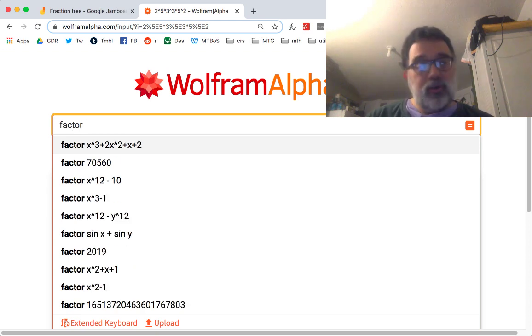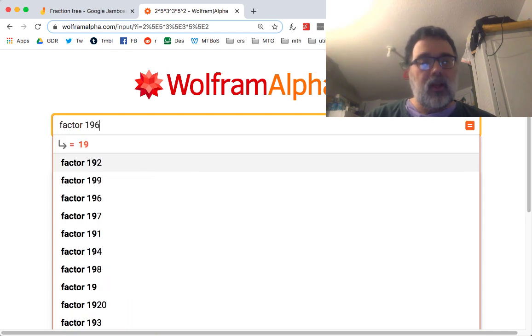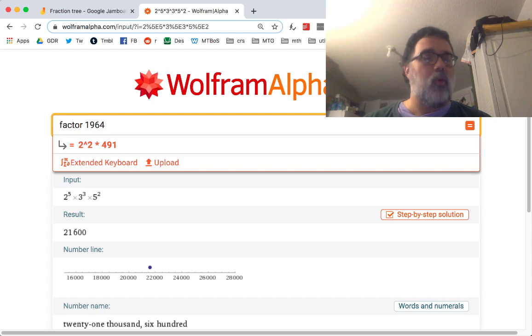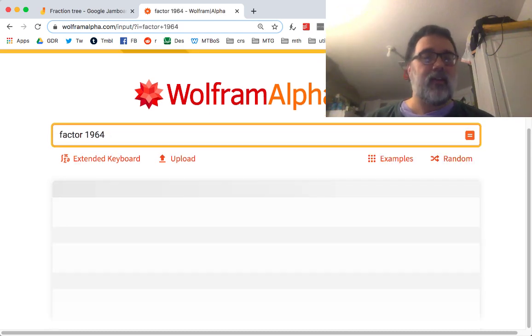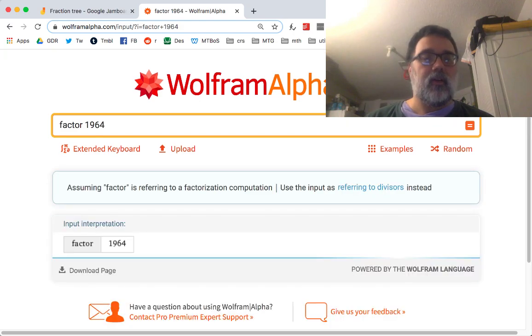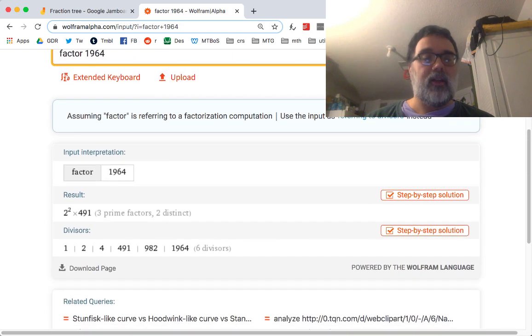The existence of tools like this is a lot of the reason why we want to focus more on reasoning. So you can see if I put in factor 1964, I get 2 times 2 times 491. It doesn't break down any further than that. So if I hit enter, you'll see it computing. And it gives you that: 3 prime factors, 2 distinct, which means there's a 2 and a 491 in it.